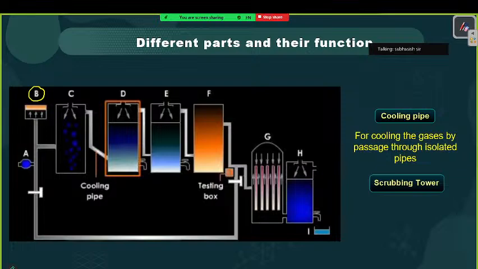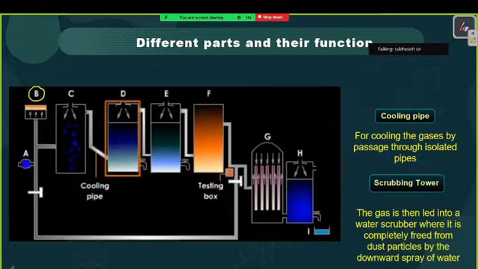What is the function of scrubbing tower? Scrubbing tower, where the gas is led into a water scrubber where it is completely freed from dust particles by the downward spray of water.